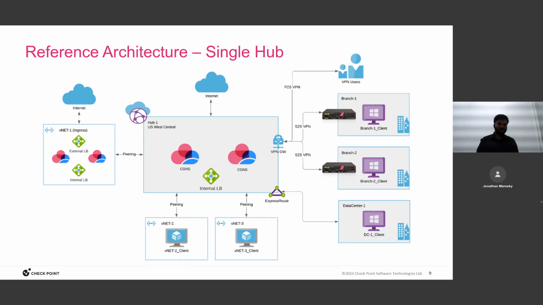The external LB will send that traffic to the Checkpoint VMSS gateway. The gateway will do a hide NAT here, and it will send that traffic towards the hub, because we did the peering of this ingress VNet with the hub. Traffic will go to the hub, it will do an inspection, and it will send that traffic to your respective VNet 2, where your application xyz.com is hosted.